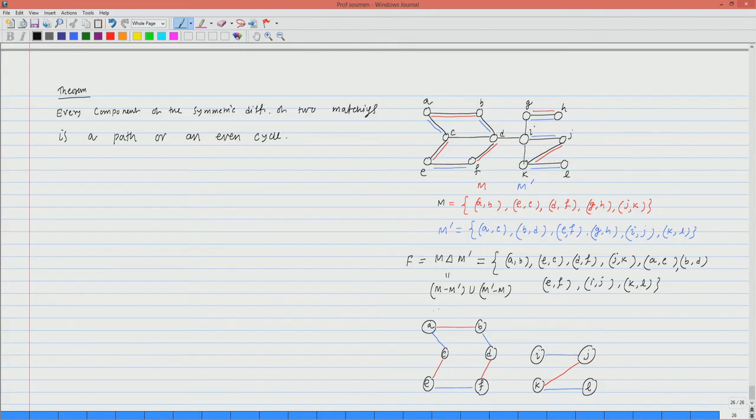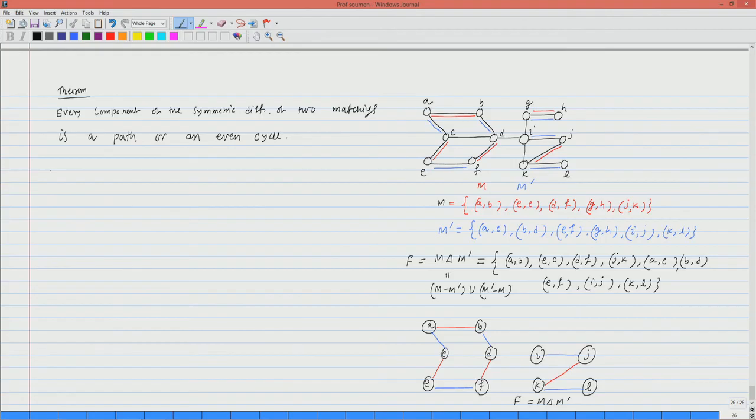This is the graph F basically, which is the symmetric difference of M and M prime. You can see that one component is an even cycle and the other component is a path. Now, this example will help you to understand the proof of this theorem.